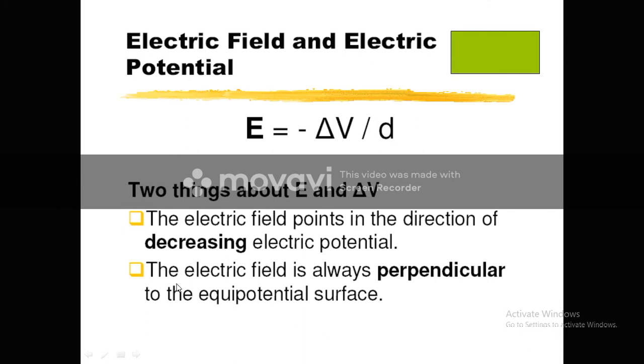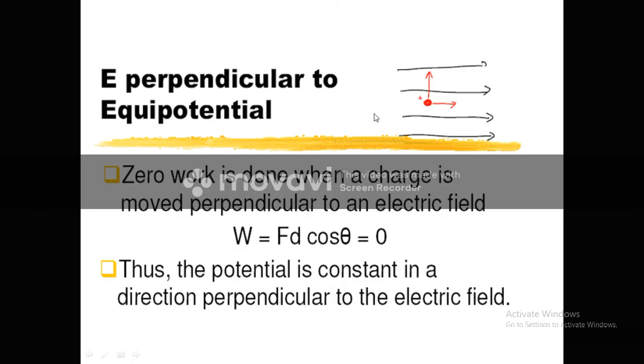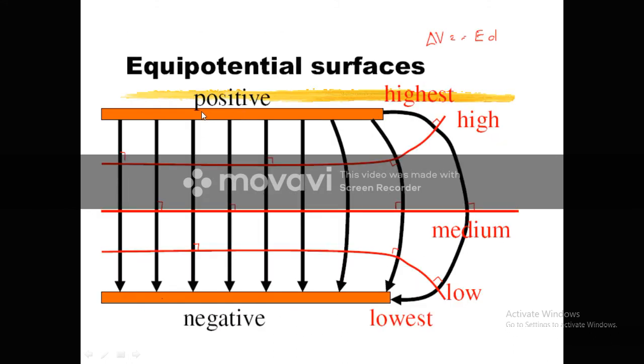Okay, and the second point is the electric field is always perpendicular to the equipotential surface. This is E, and this line is the equipotential surface. It is always perpendicular to the E, because if we draw a line like that, would it be an equipotential surface?